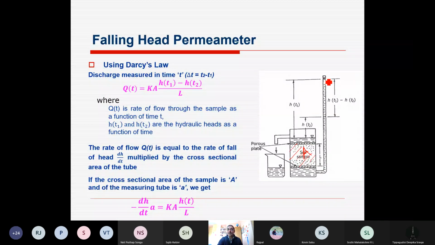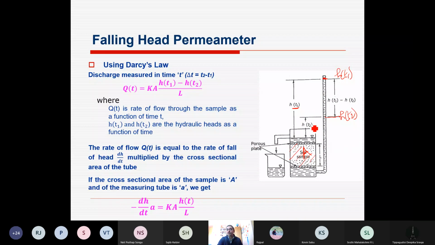This tube is supplying water with the initial head, that is H T1 at time T1, and after a certain time T it reaches here, that is H T2.